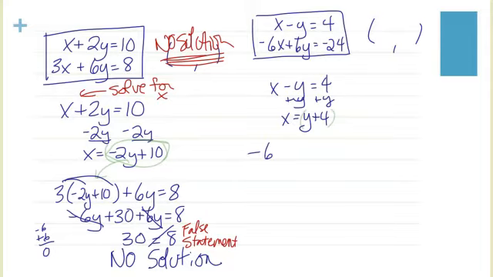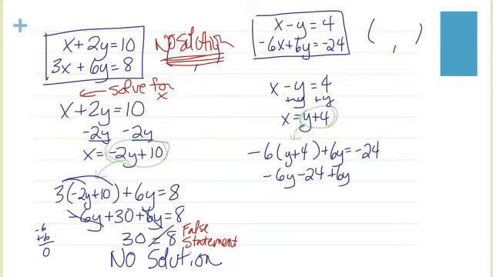The other equation, so we have negative 6 times some stuff plus 6y equals negative 24. Some of you can see where this is going. When I put this stuff down into there, y plus 4, we have negative 6y minus 24 plus 6y equals negative 24.